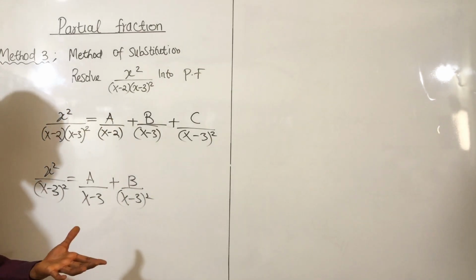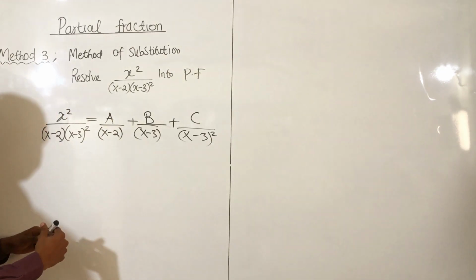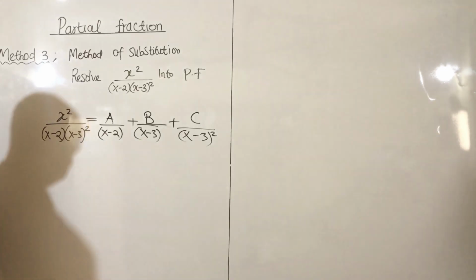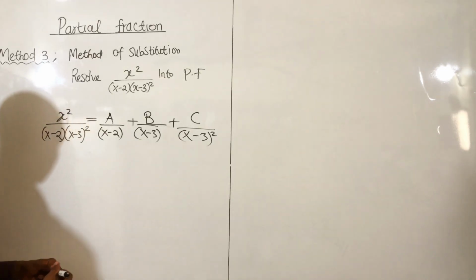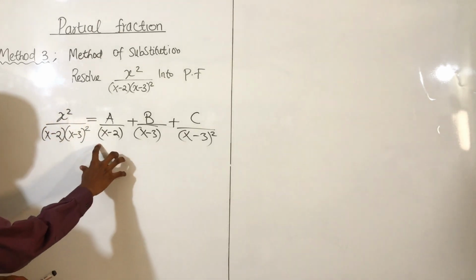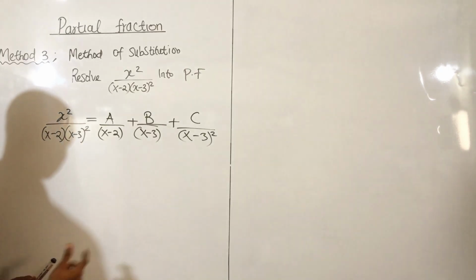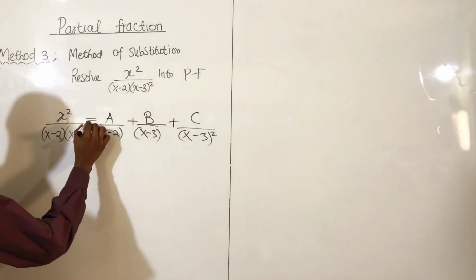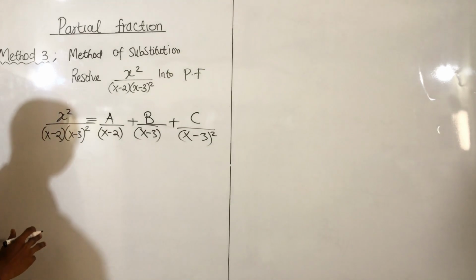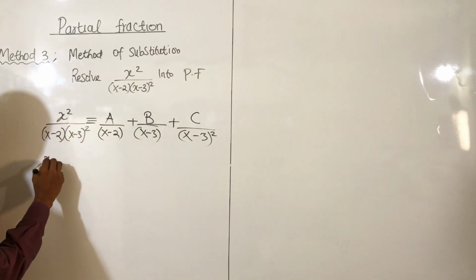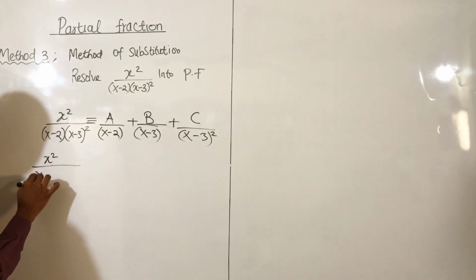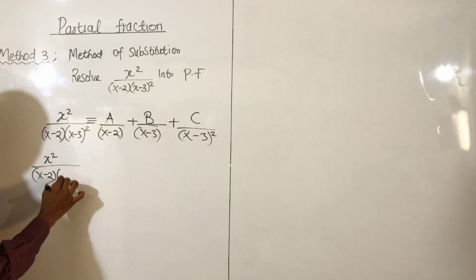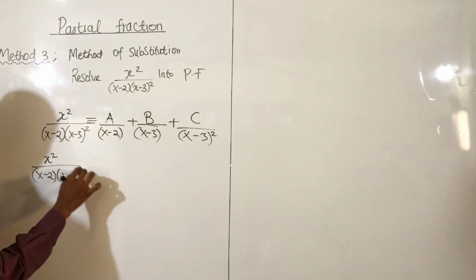So that's the concept. Now it's very important that we take the LCM. I've always laid emphasis on LCM. The LCM between all these three is what we have here, right? So we're going to take the LCM. We forgot to put our equality sign, so we have x squared over (x - 2)(x - 3) squared.